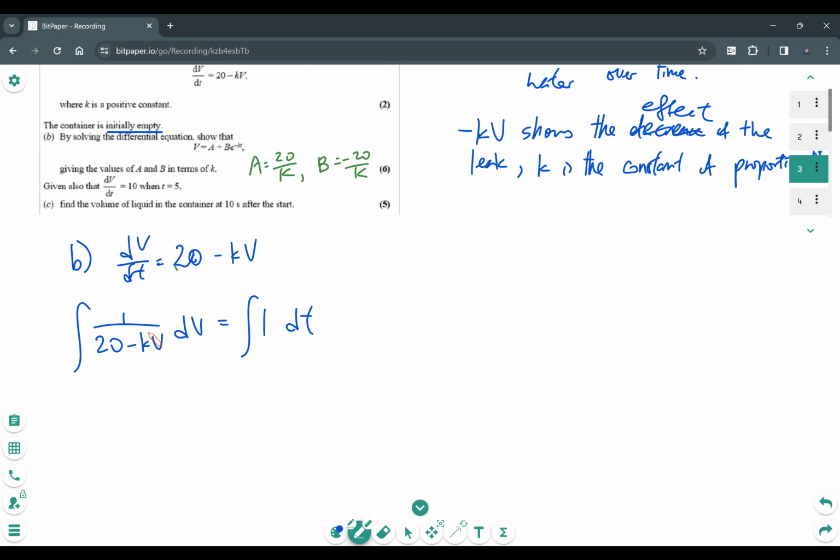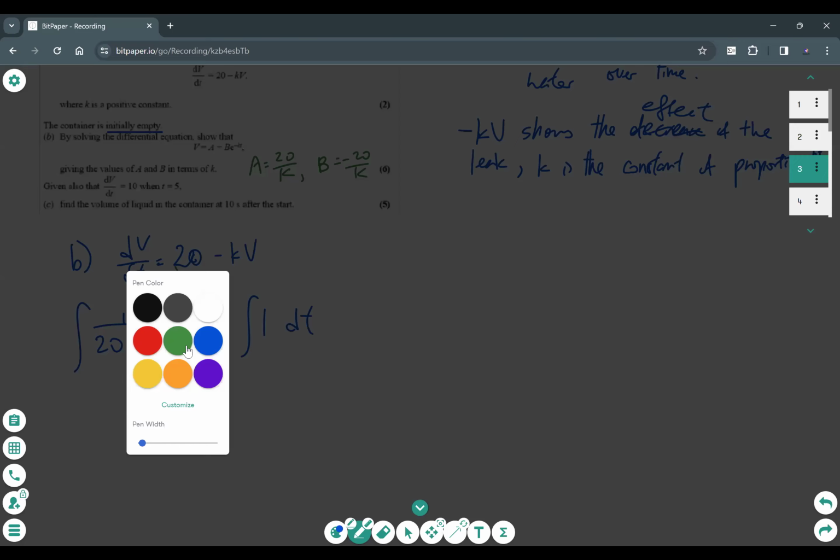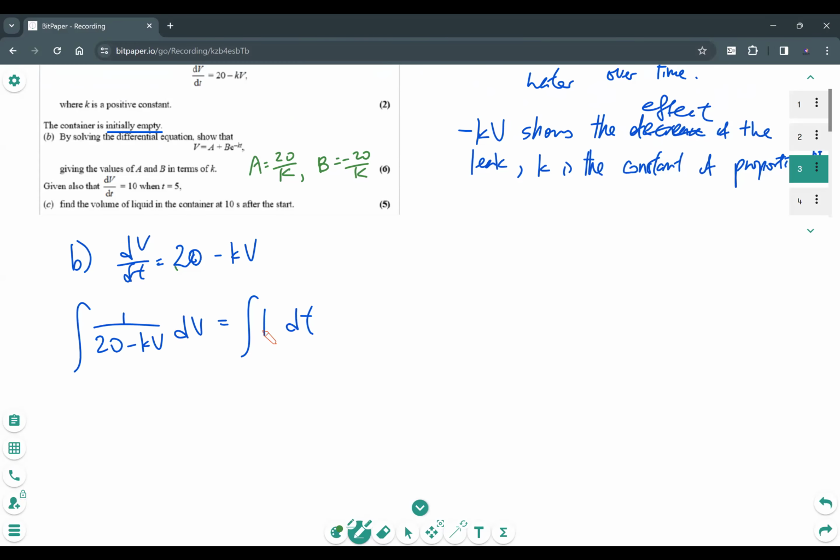Now, how do you integrate this? Think about it: it's a fraction, so ln. You let y equals ln of the denominator, 20 minus kV. Differentiate it to verify: differentiating ln gives 1 over, and differentiating the inside gives negative k, so that's negative k over 20 minus kV.